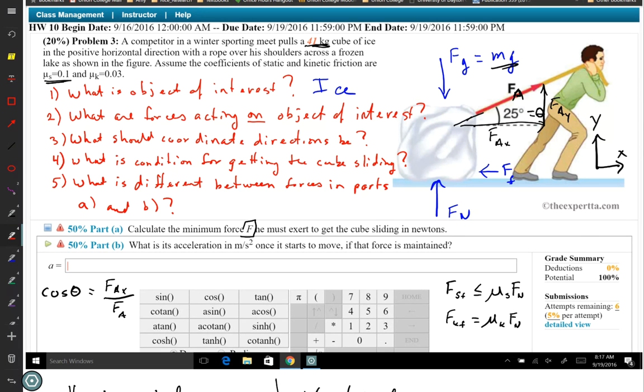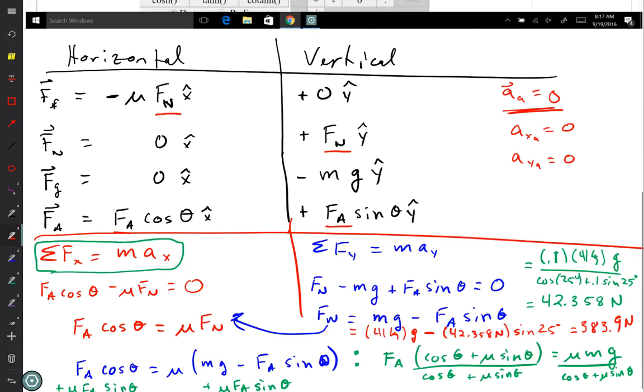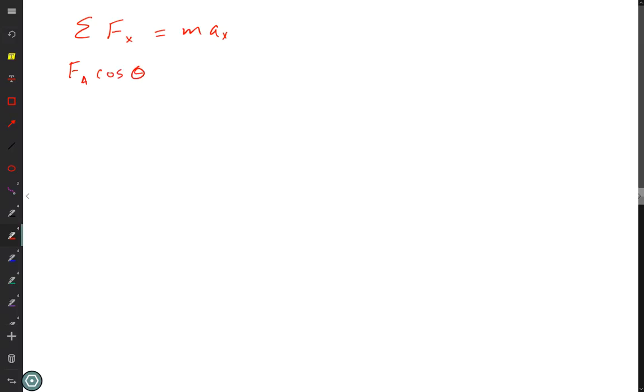Okay, so now for part B, what is its acceleration if we keep that force? So now I can just come over here and say sum of the forces at x is max. So I'm going to go to the next page and work with that. And this is going to be mu kinetic now instead of the mu static.